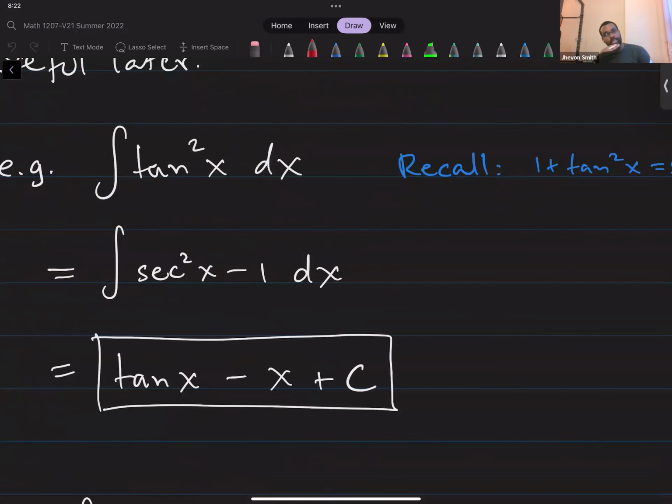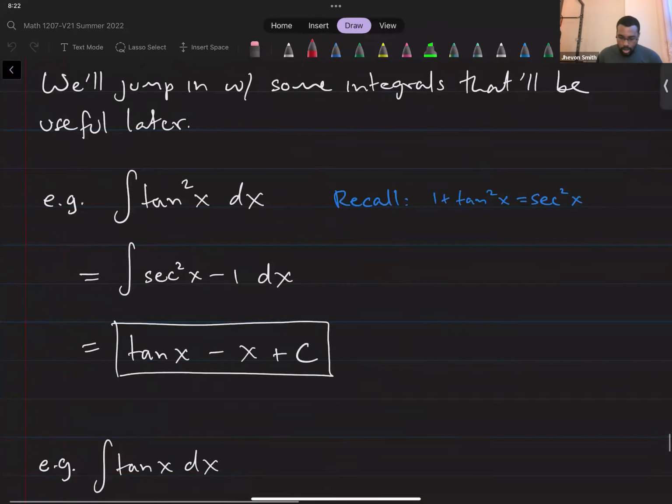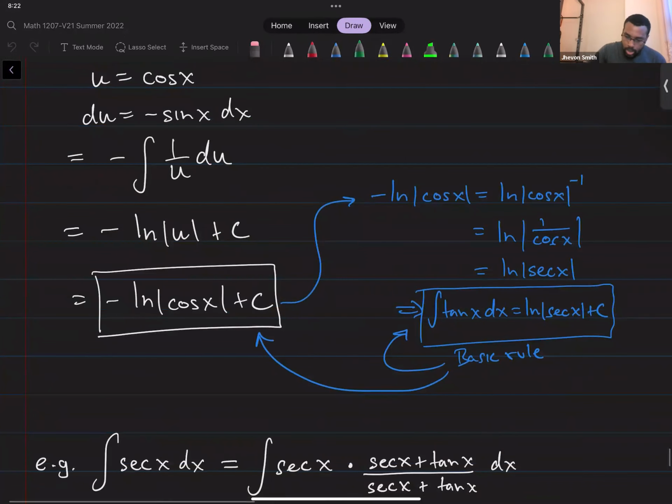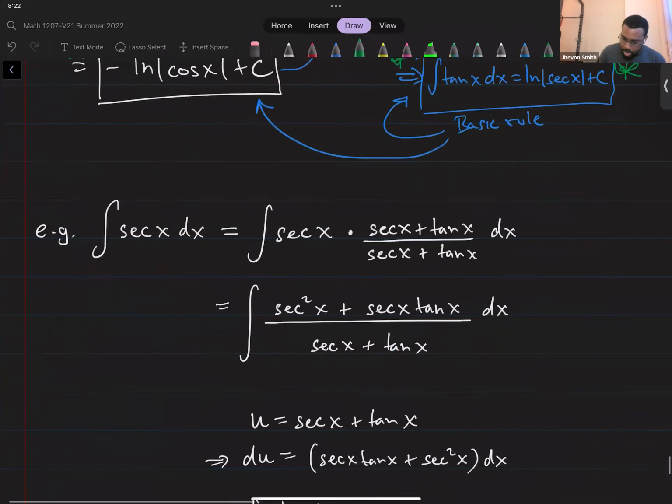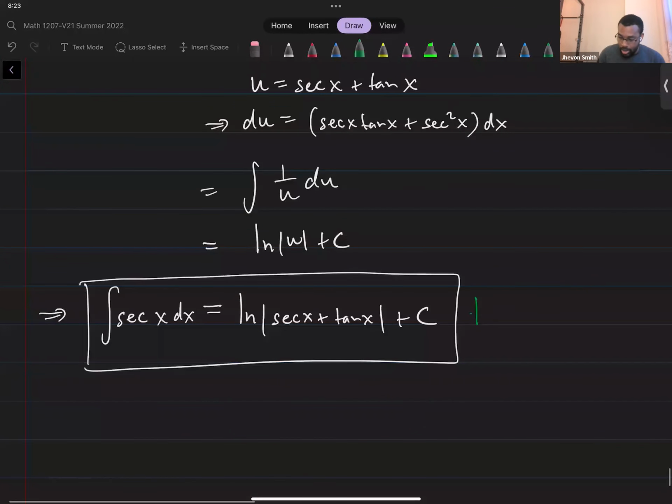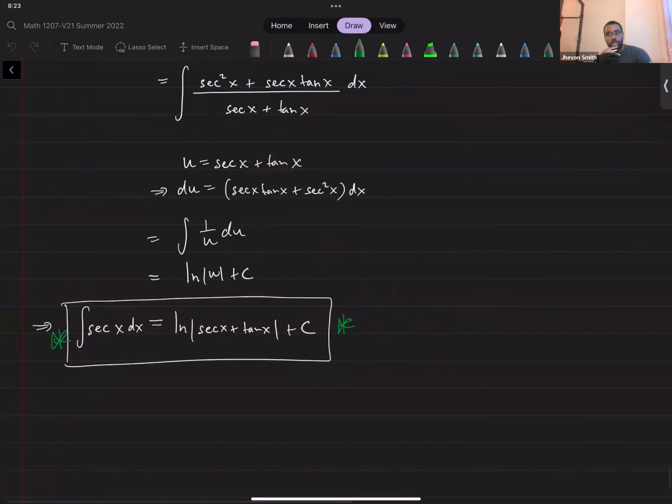And the trick here is just apply the Pythagorean identity for secant and tangent, and that will get you through it. So like this or this, I would expect you to have memorized eventually. This I also expect you to have memorized. But if you see a tangent squared on its own, I expect you to kind of know how to deal with it, even if you don't have the answer memorized. So those are just some things that I want to deal with.